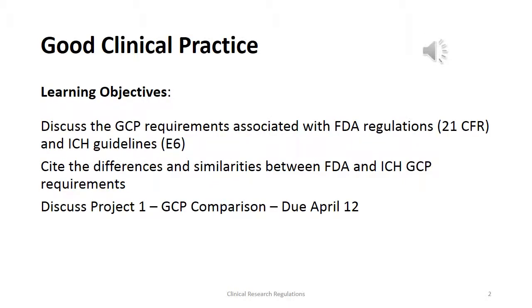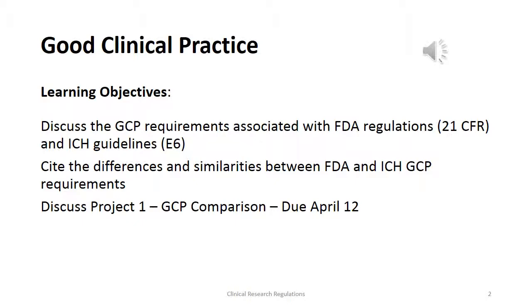Our learning objectives this week are to discuss the GCP requirements that are associated with FDA regulations, which are contained in 21 CFR, and also the ICH guidelines, which are ICH E6. I've put both of those links on Blackboard in the week 3 folder, so you'll be able to have access to them pretty easily.